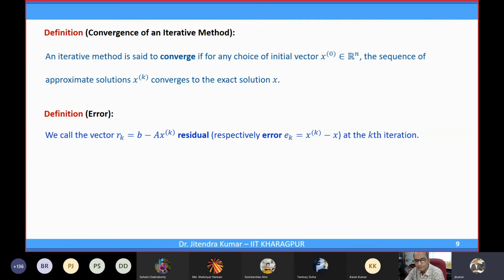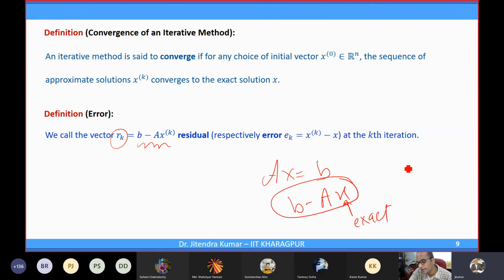The error, how to measure that error in our iterations, how much the error is. So we call that vector r, which we are defining here, r equals b minus A x_k. See, your system of equations is Ax equals b. So what is b minus Ax if x is exact? It will be 0.